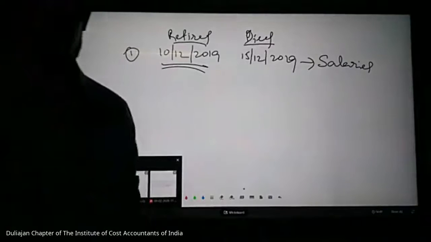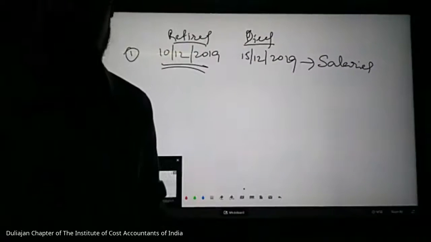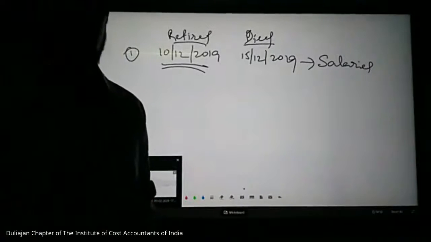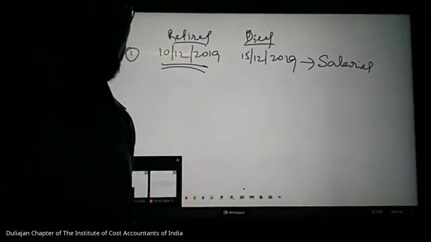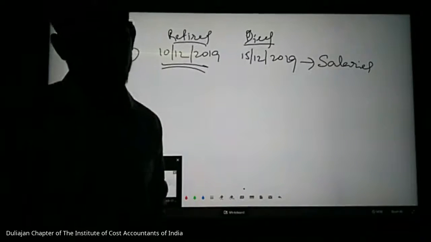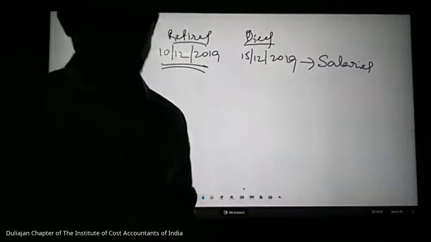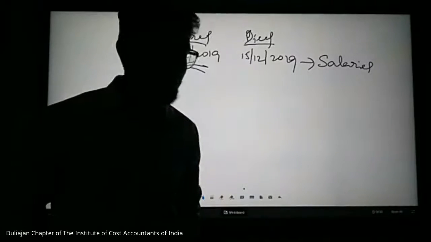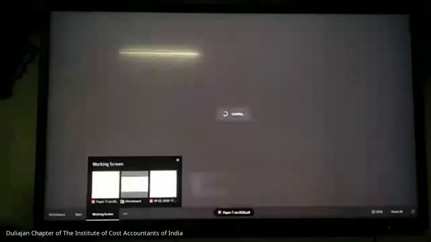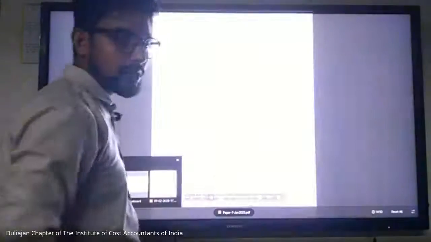In such cases, it will not be taxable under the head salaries. Are you getting my point? If the gratuity becomes due before the death, then it will be taxable under the head salaries in his name. If the gratuity becomes due after the death of the person, then it will not be taxable under the head salaries.